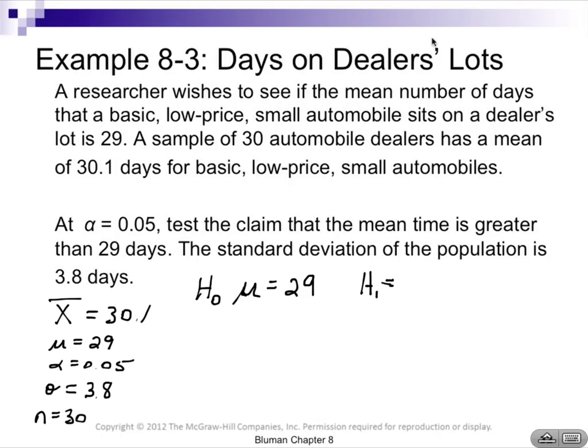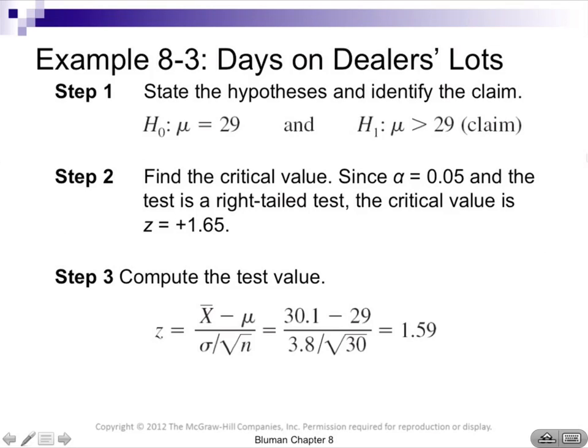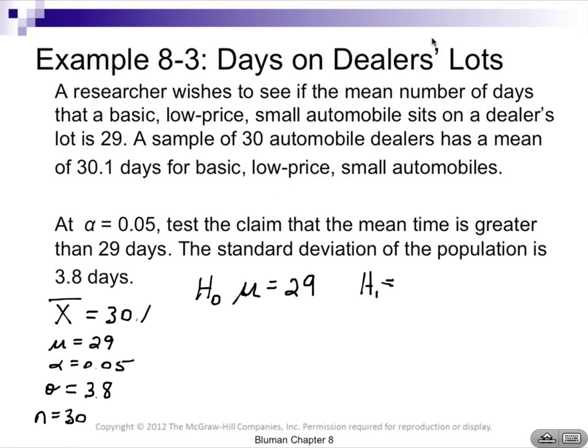You have a sample of 30 automobile dealers with a mean of 30.1 days. Just checking to make sure I did that right. I sometimes get them backwards. Okay, so H0: mu is equal to 29.